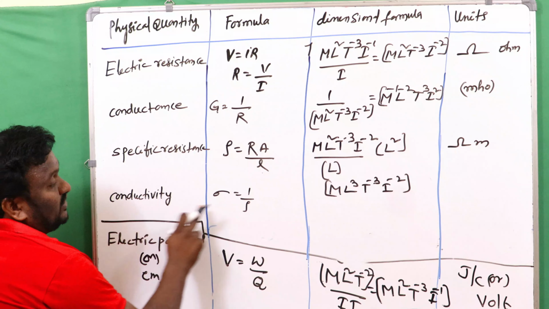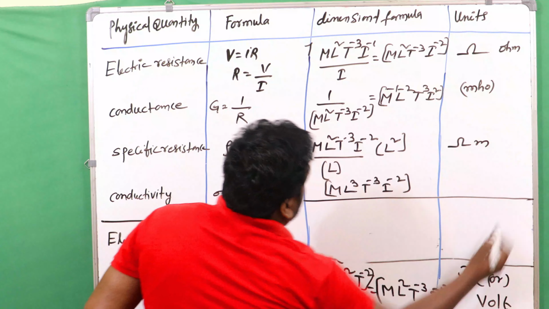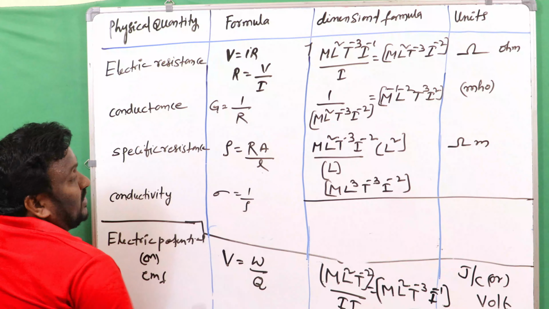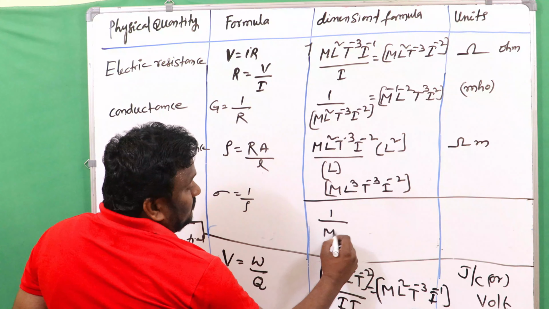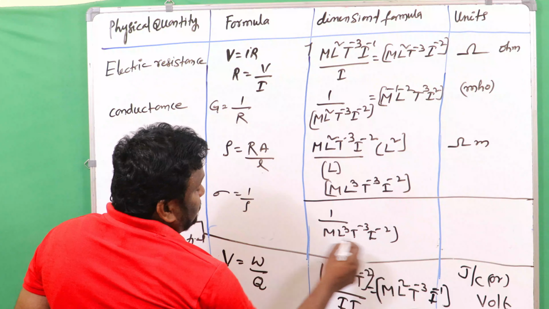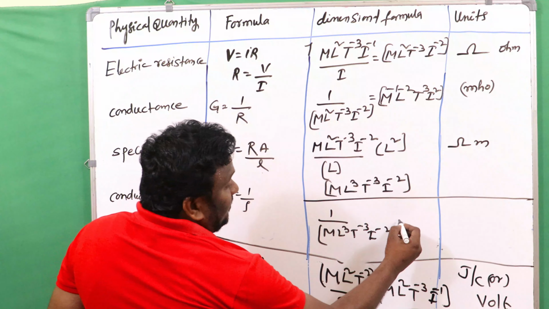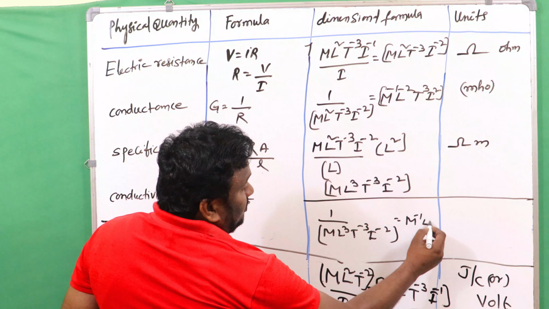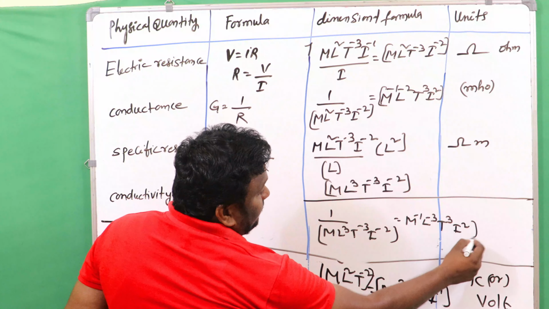And now conductivity. Rho is equal to 1 by sigma, so sigma is equal to 1 by rho. So obviously it is 1 by ML³ T⁻³ I⁻², which we just discussed as rho. Then here it is M⁻¹ L⁻³ T³ I².